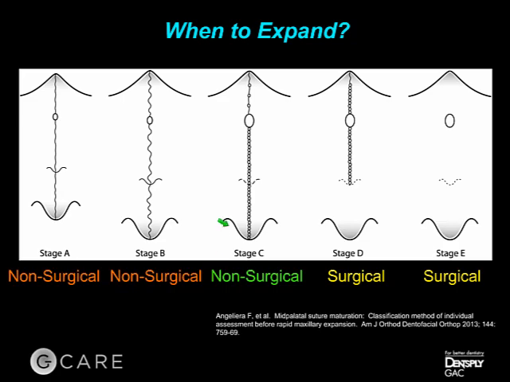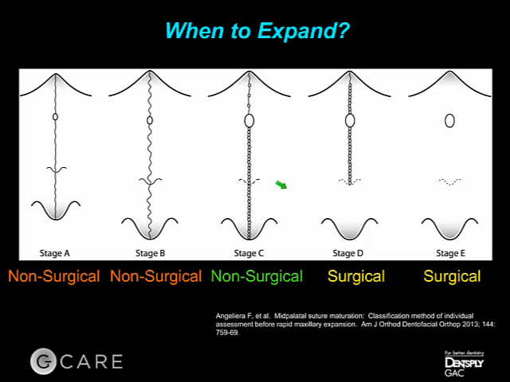As the kids start to mature, this stage where there is still some immaturity of the suture can linger long into late adolescence and early adulthood. So these types of patients may have the ability to be expanded effectively much later than what you would typically think.